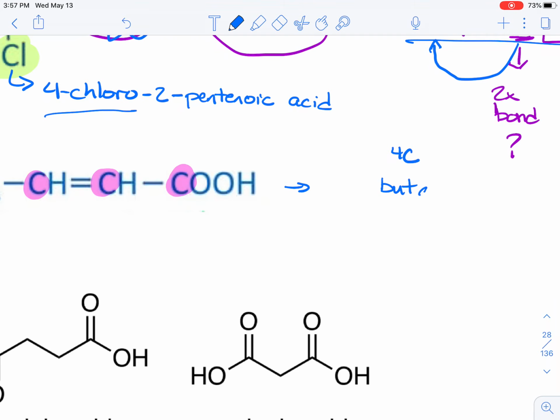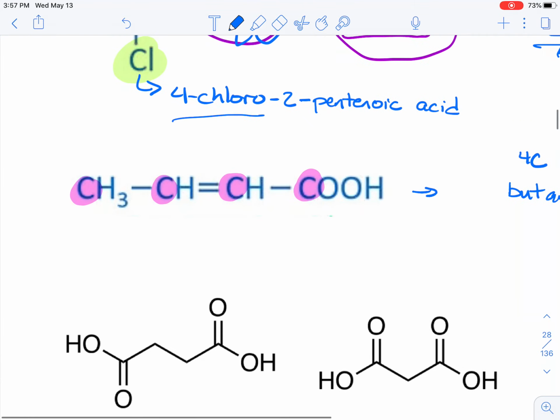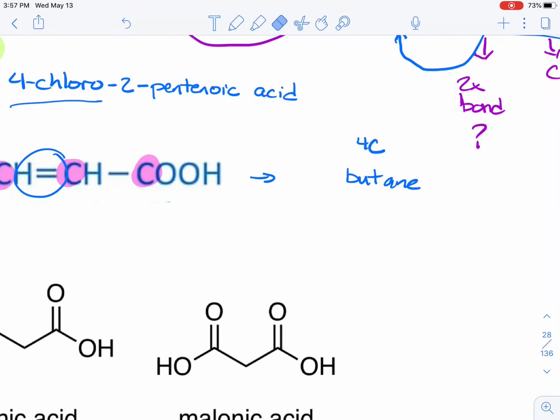Now, typically, we put butane, but if you look, we have a double bond. So we cannot put butane, we have to put butene. And following our rules of naming straight chains for carboxylic acids, we're simply going to cancel out the last E and then add in the oic acid ending. So this is going to be butenoic acid.